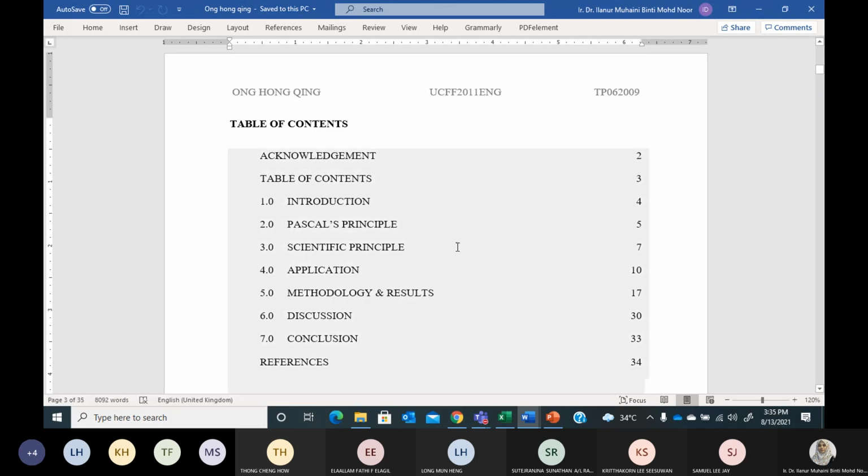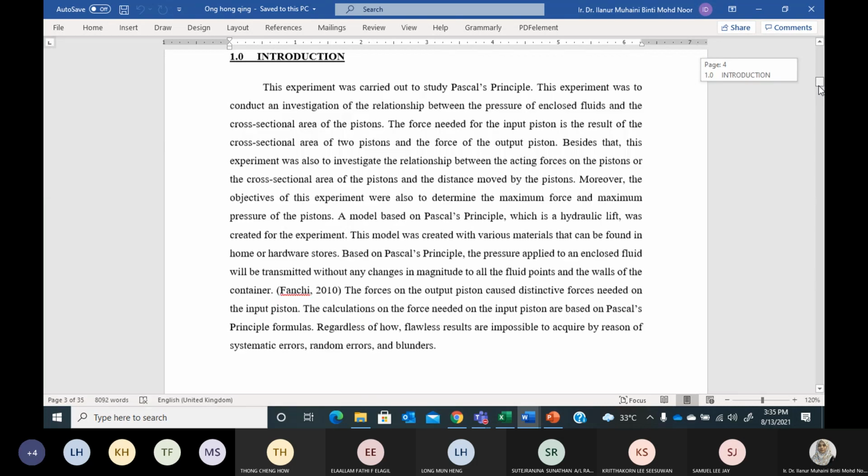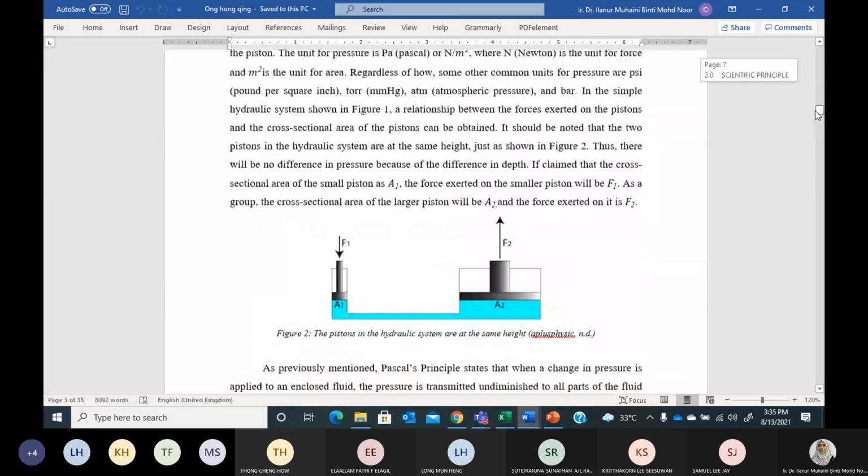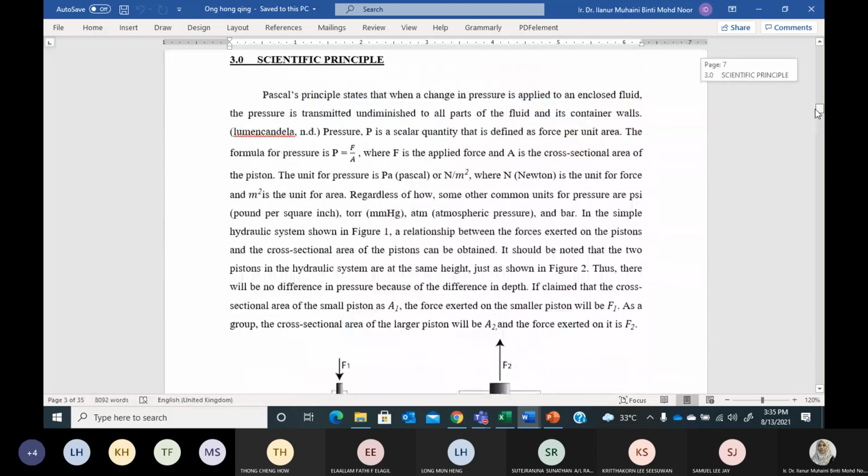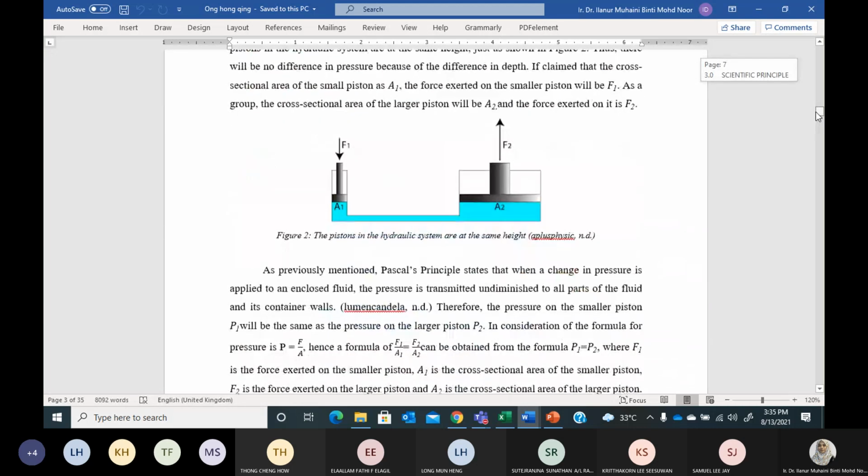Sample of the content. Acknowledgement, table of content. Then under content, you have introduction, Pascal principle, scientific principle, application, methodology and result, discussion and conclusion. Okay. For example, the student is doing the Pascal principle.